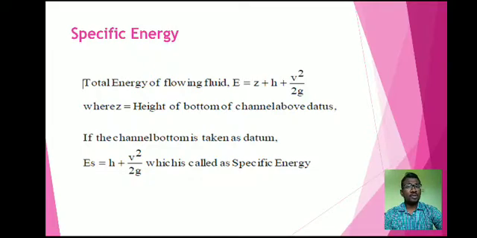If the channel bottom is taken as the datum, then Z equals 0. So automatically the specific energy equation is Es equals H plus V square divided by 2g, which is called specific energy.